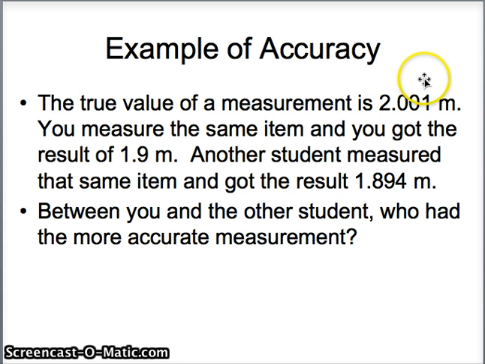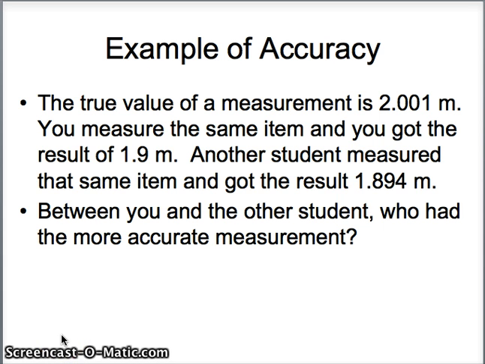So here's an example of accuracy. If the true value of a particular measurement is 2.001 meters, and you measure the same item as 1.9 meters, and another student measures the same item and gets 1.894 meters, between you and the other student, who had the more accurate measurement? It might be a good time for you to pause, think about it, and see what you can come up with.